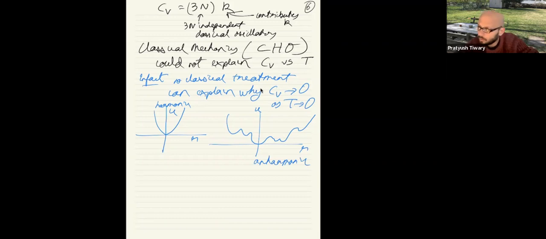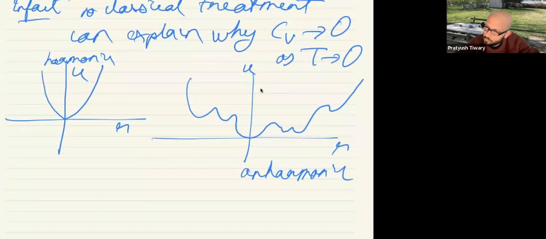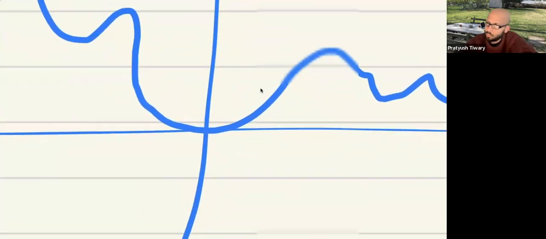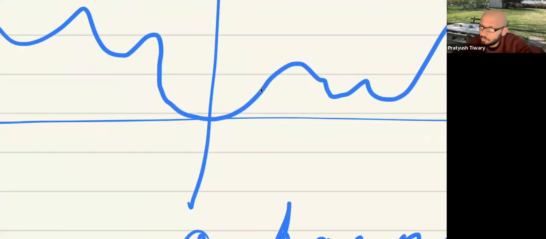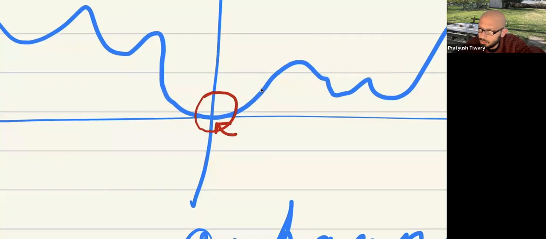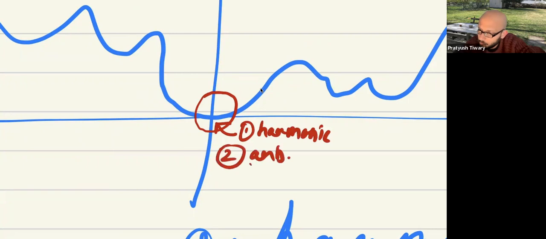Why? Because in order to understand this, you have to zoom in more and more than my resolution. If you really zoom in over here, irrespective of whatever curve you have, very locally, first of all, you still have harmonic behavior, right? As you get very, very close to equilibrium, you still have harmonic behavior. And secondly, arbitrarily small excitations are possible.